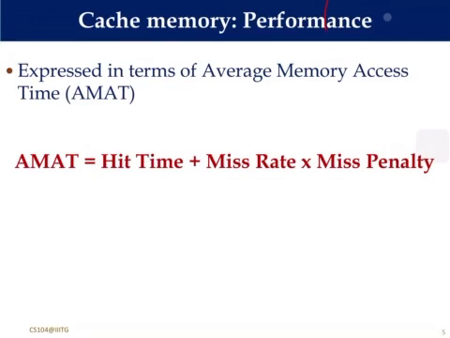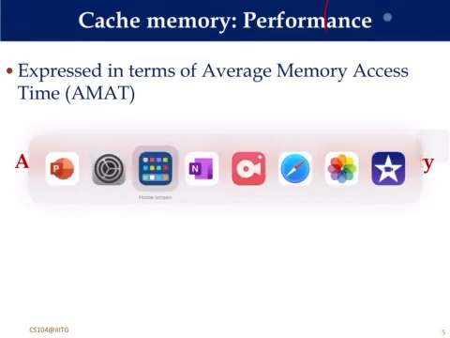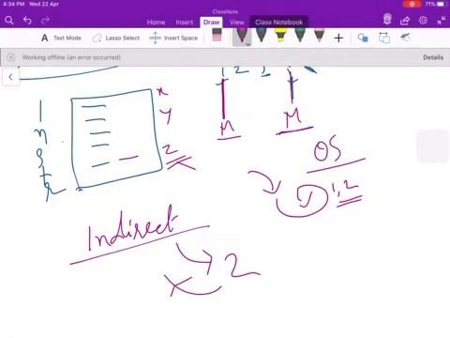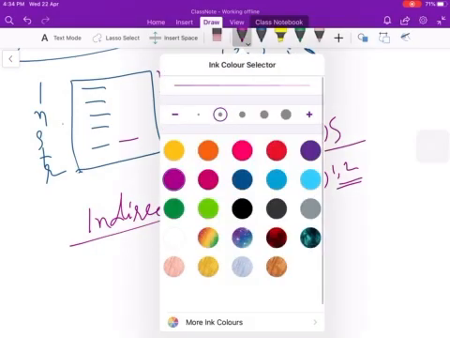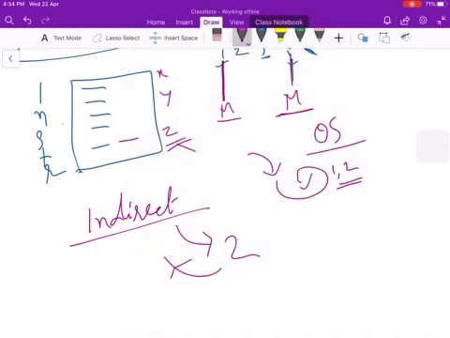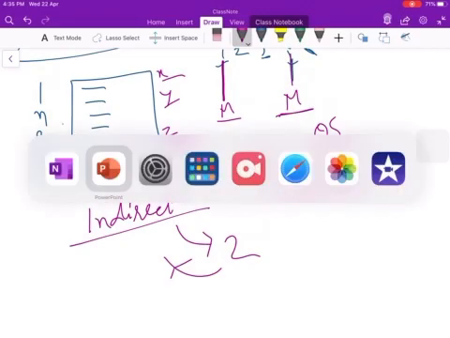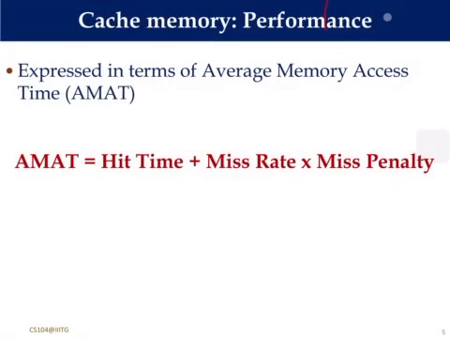Okay. So we were here, saying that instructions will take different amounts of memory cycles, so we need a better way to express that, and the better way is the average memory access time, which happens to be hit time plus miss rate into miss penalty.